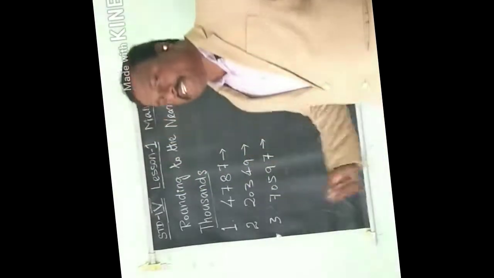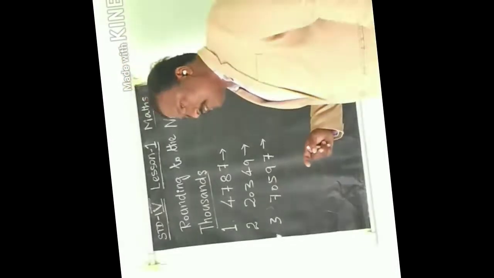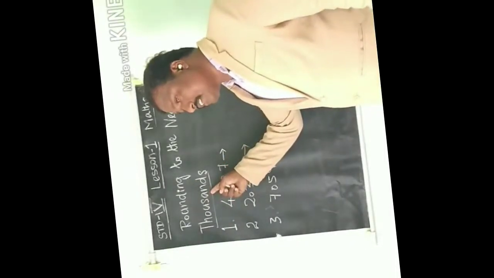Okay, let me discuss the third one, rounding to the thousand place. How do we round to the nearest thousand place? First, we have to find the place value of thousands. I already told you how: ones, tens, hundreds, thousands. This is the thousand place, and the question is nearest thousand.